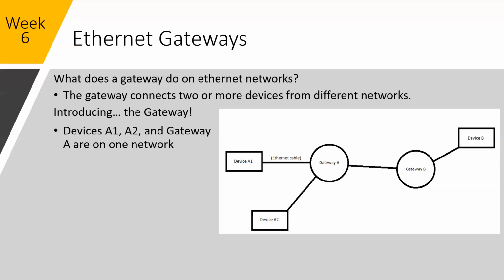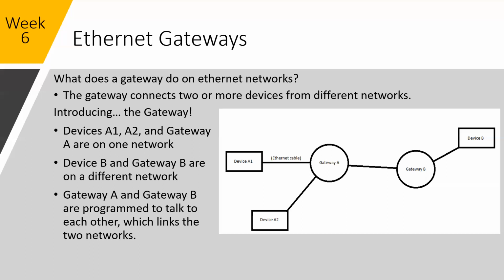So devices A1 and A2 and gateway A are on one network, and device B and gateway B are on a different network. And then gateway A and gateway B are programmed to talk to one another, which links the two networks. So this could be factory floor communicating with corporate. This could be Toronto office communicating with Vancouver office.